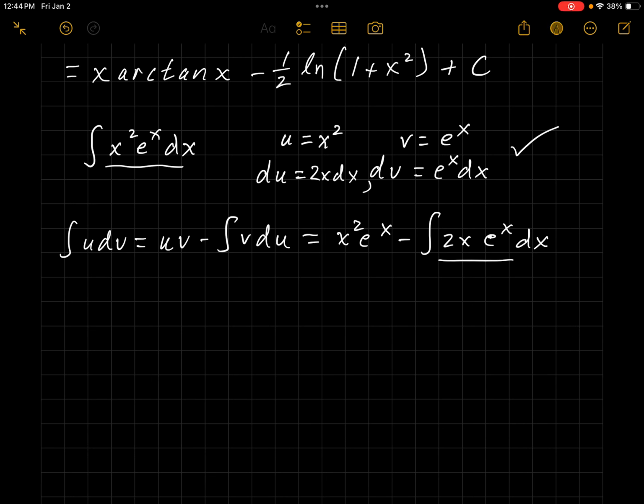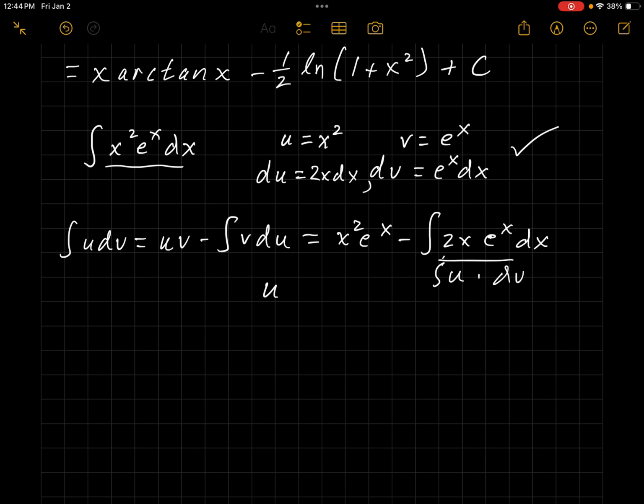I should use maybe t and s, but I found that sometimes using so many letters gets really complicated. So I'm going to use u and v again, just knowing that this u and v are different than the original. And so I'm looking at this being u times dv back here.